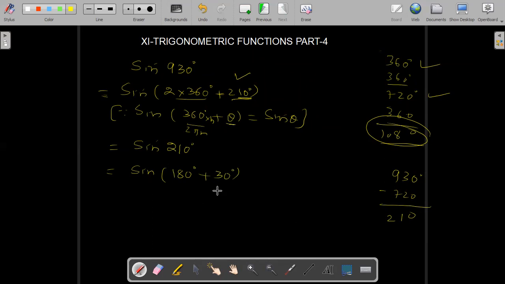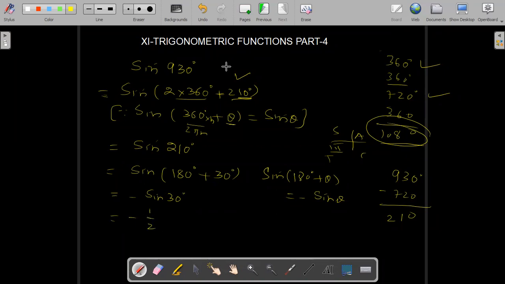Now you can use the formula sine of 180 degree plus theta. 180 degree plus theta means third quadrant, and here, all silver teacup, sine is negative in the third quadrant. So sine of 180 plus theta will be equal to minus sine theta. So here it will become minus sine 30 degree. Now you know the value of 30 degree, so this will be minus 1 by 2.